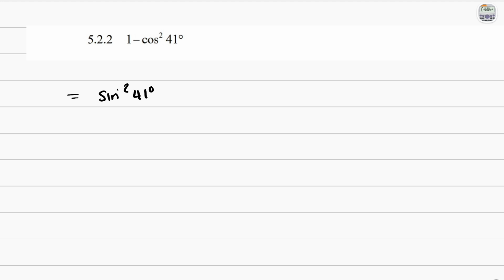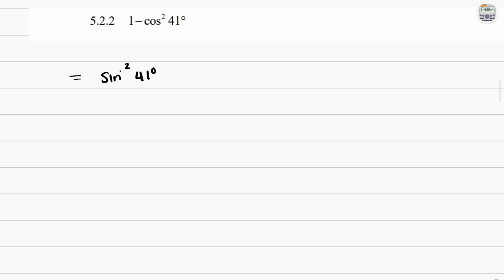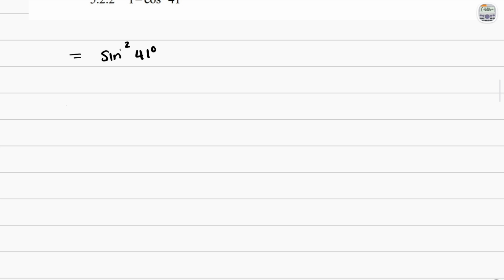Now we know that 41 and 49 add up to 90 degrees, so we can use cofunctions on this. So to change it to its cofunction, sine 41 degrees is equal to cos of 90 degrees minus this angle. Since they're acute, okay, it's already an angle less than 90 degrees, we don't have to consider any changes in the sign that we have.